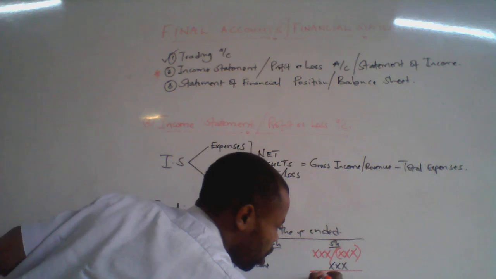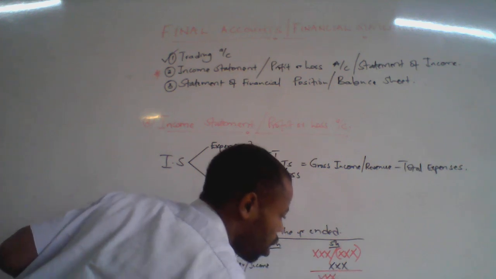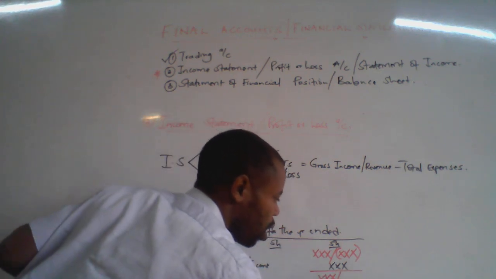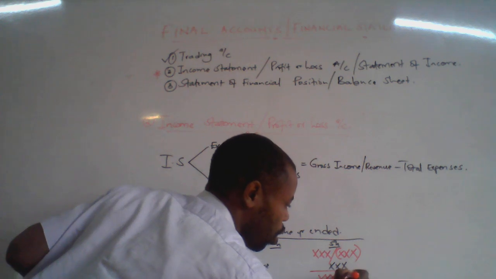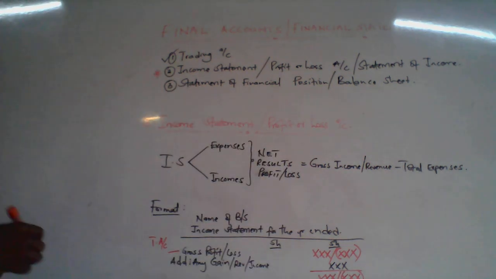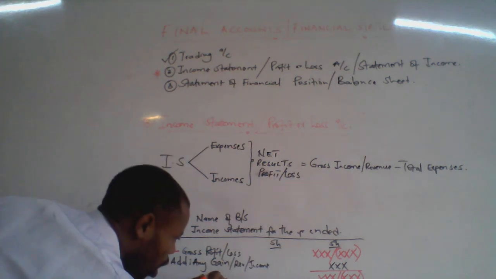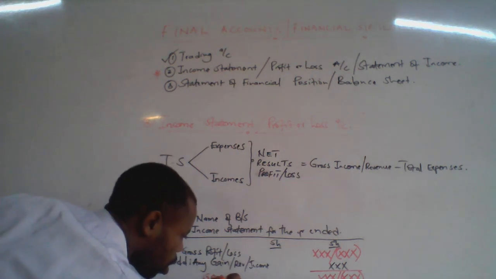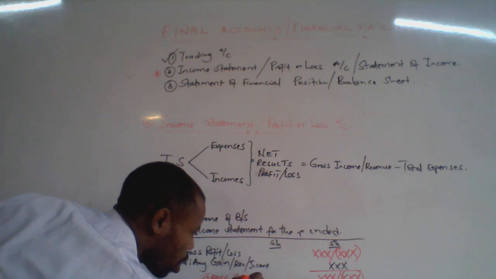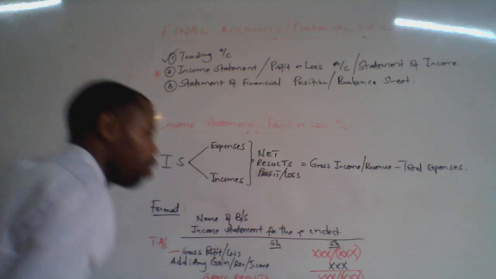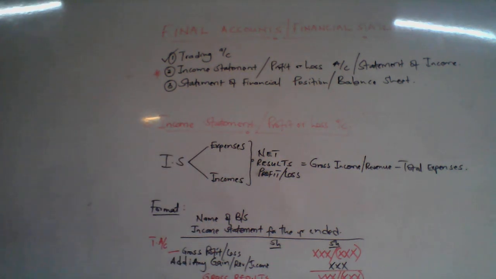If it is a gain, you post it there, and if it is a loss, you also post it there. So you can either get a gross income or a gross loss. These are the gross results, and from the gross results, now you are going to less.